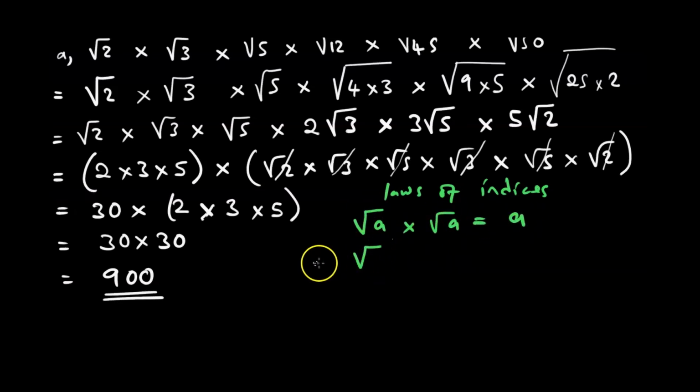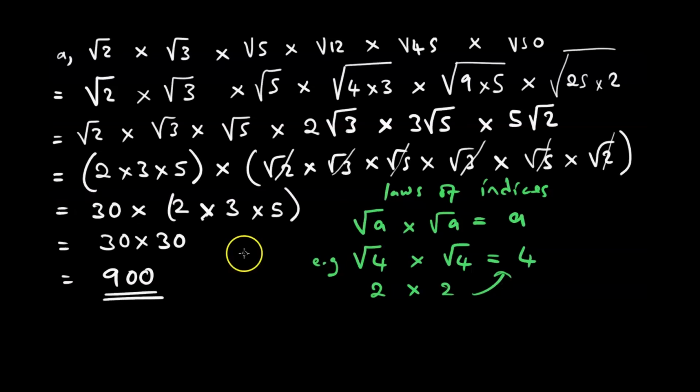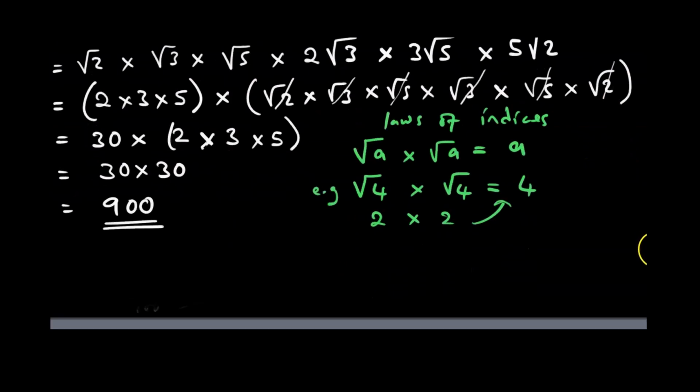That means, for example, the square root of 4 times the square root of 4 is equal to 4. That's just an example. Here the square root of 4 is 2, so 2 times 2 is 4, proving our example. So we are done with A. If you have any questions, you have the comment section to utilize.